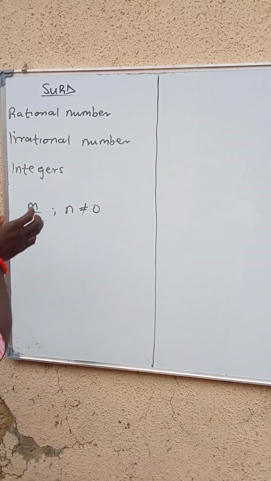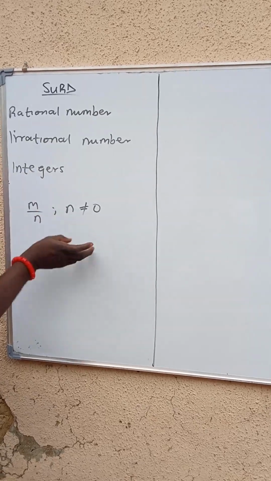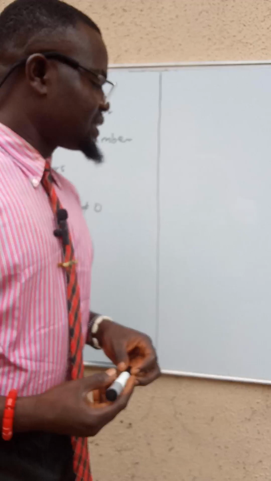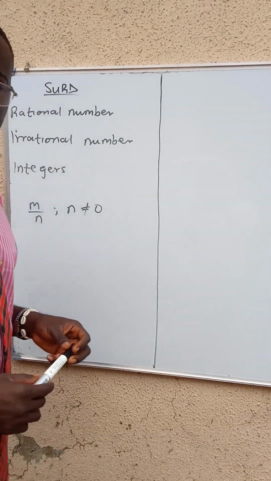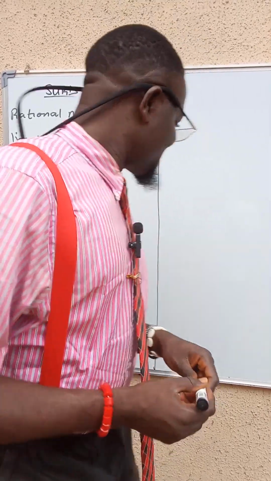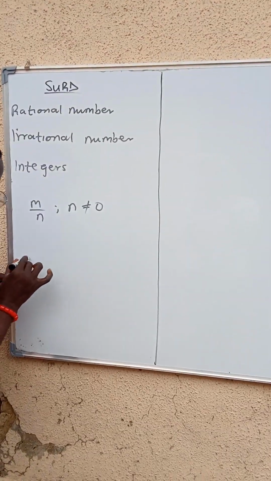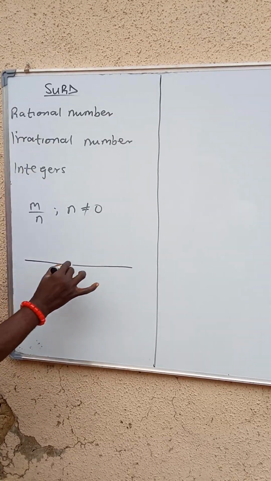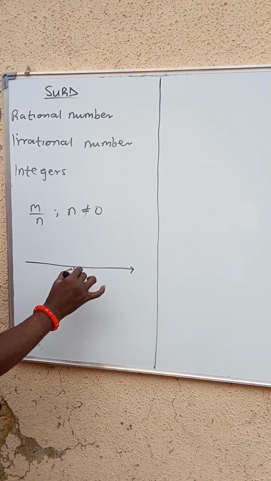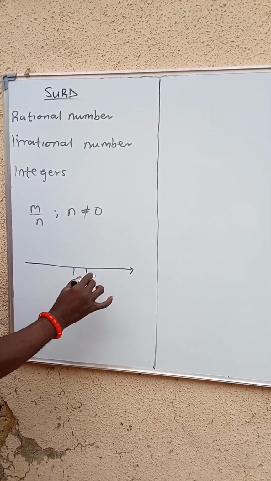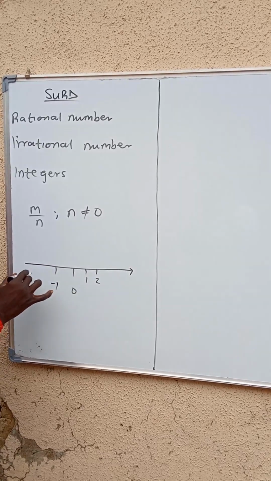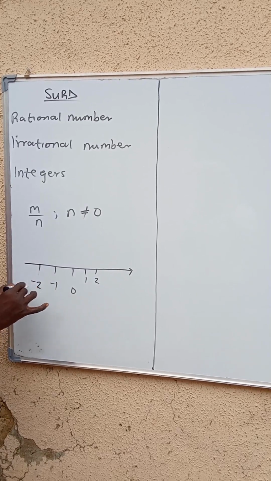Now, if we said these integers can be expressed like this, then what is an integer? These are positive, negative, and 0. For example, you can say this is 0. The right hand side, you can say this is 1, 2. To the left, you can say minus 1, minus 2.